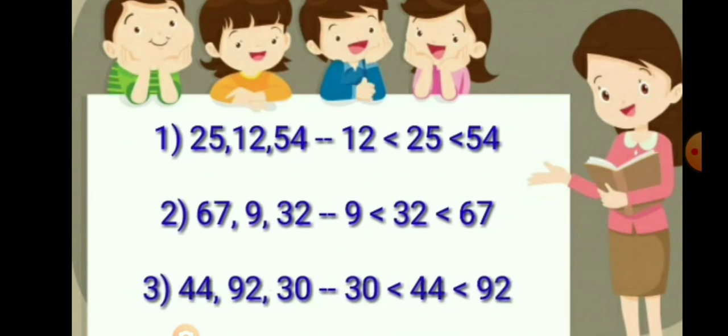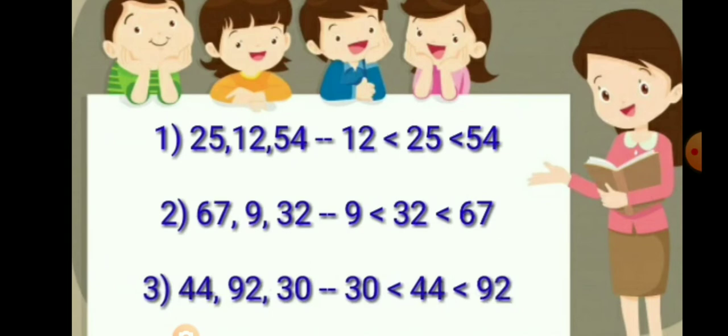Let's take some more examples. The numbers given in the first example are 23, 12 and 52. 12 is the smallest, which is at first. Then 23 is in the middle and 52, which is the biggest number, at last. Second example, the numbers given are 67, 9 and 32. 9 is the smallest number, 32 is in the middle and 67, which is the biggest number, at last.